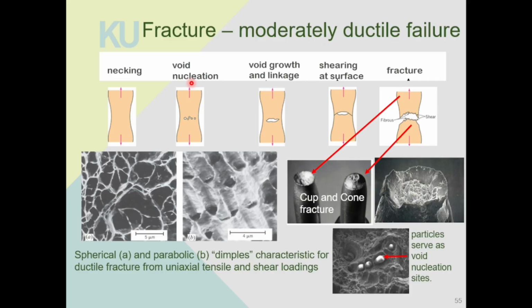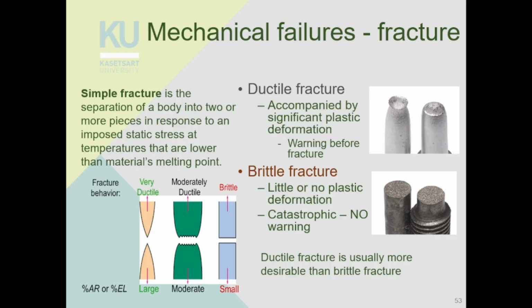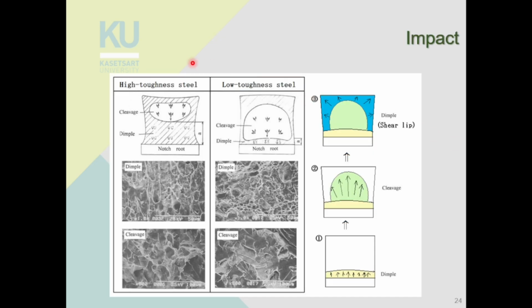Okay, so what happens during ductile fracture? If you recall the impact testing, you can see that high toughness material has a lot of dimpled area, a lot of rough surface area, compared to low toughness or brittle material.